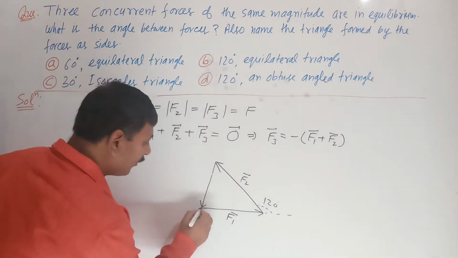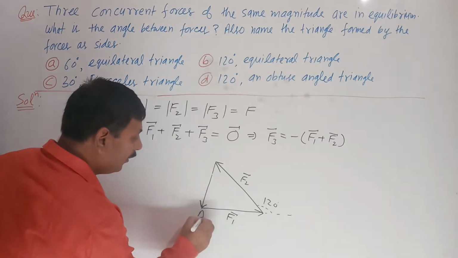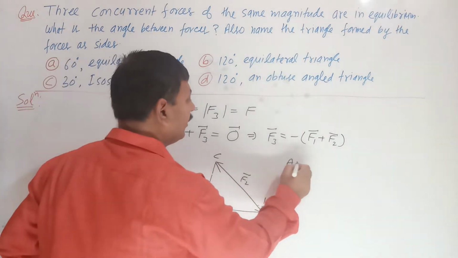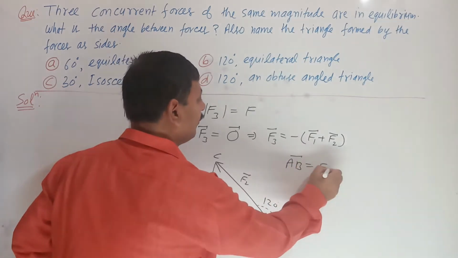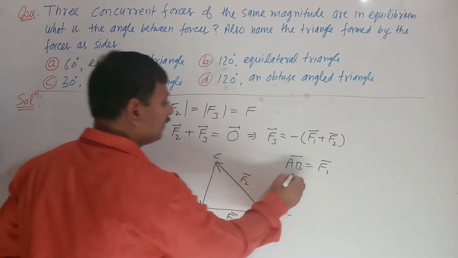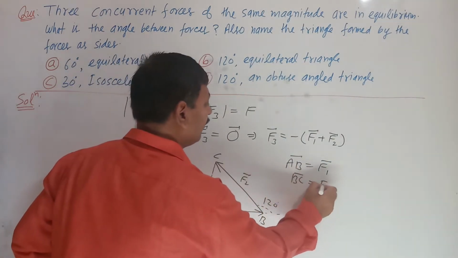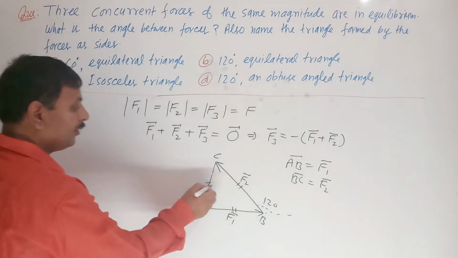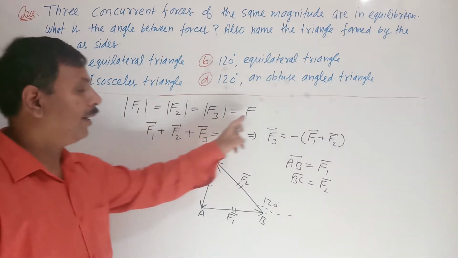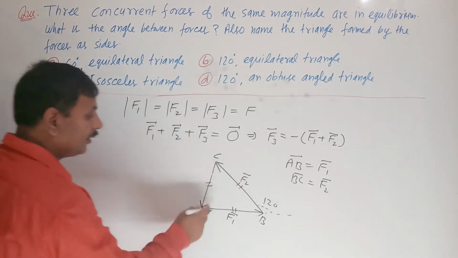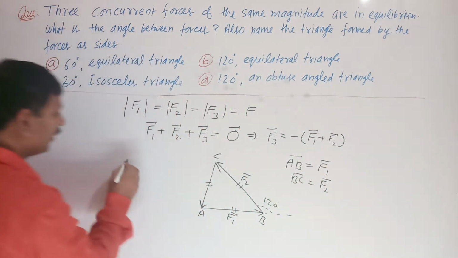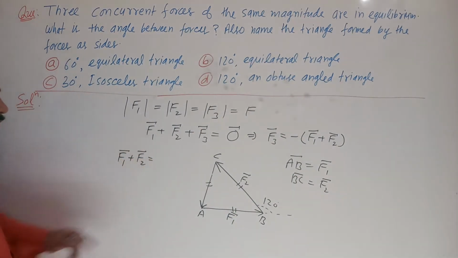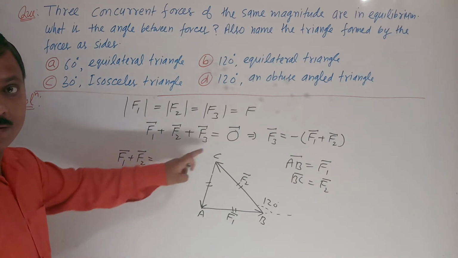See here, if you are forming a triangle, you can see this AB will represent vector F1, then BC will represent vector F2. All sides should be the same because they all have the same magnitude. Then F1 plus F2 is represented by which vector?